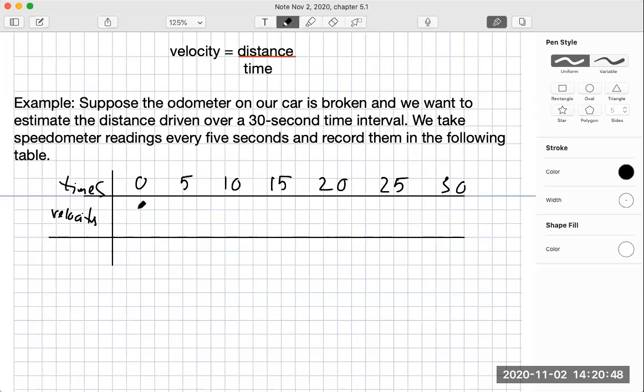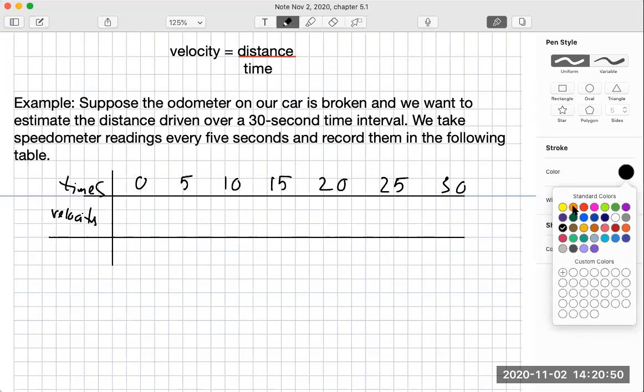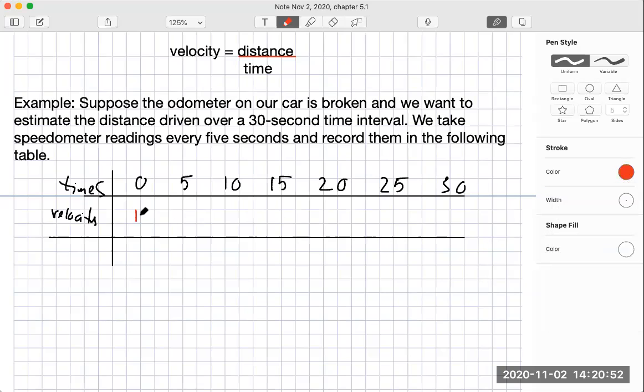The corresponding velocities, in miles per hour, are 17, 21, 24, 29, 32, 31, and 28.